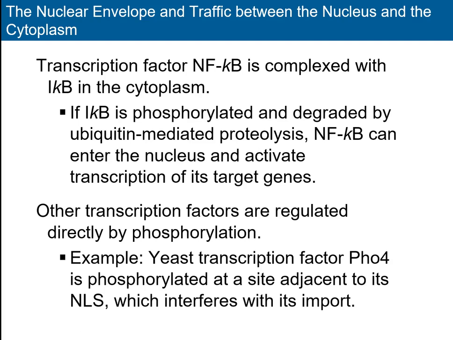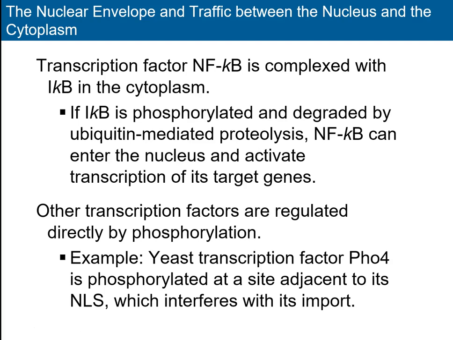Okay, it says other transcription factors are regulated directly by phosphorylation. We talked about regulation of proteins and that you can phosphorylate them, right? A couple times already. Kinases phosphorylate proteins, right? Remember, phosphatases dephosphorylate, and so that affects the activity of proteins.